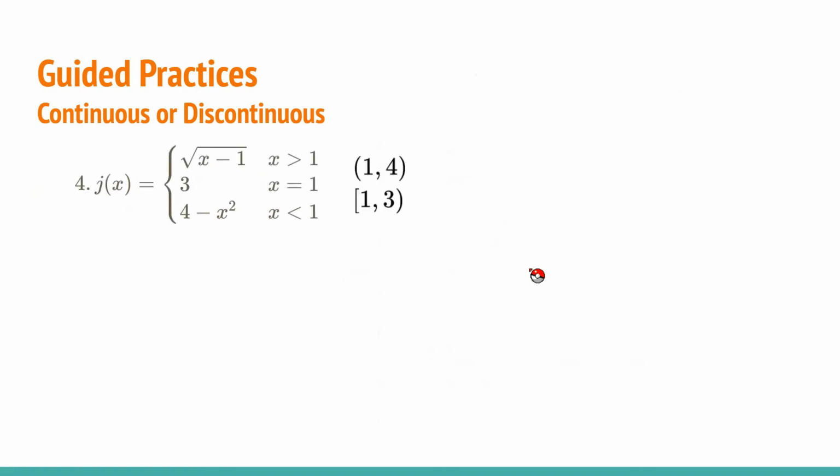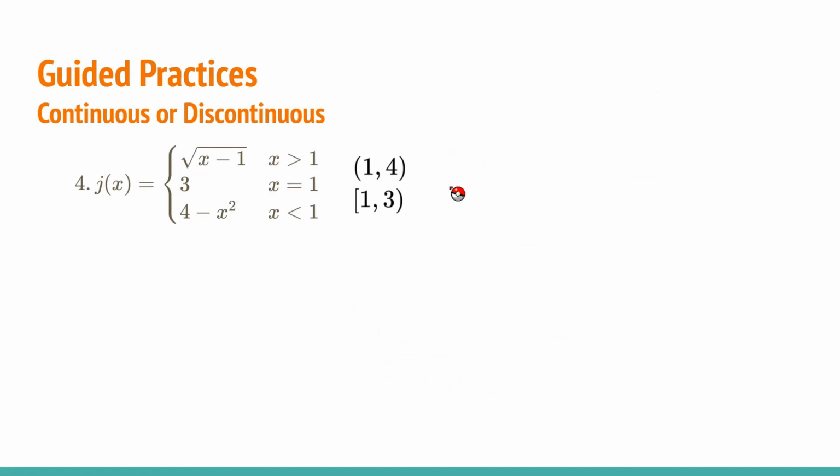Now, next, j of x equals the piecewise function square root of x minus 1 if x is greater than 1, 3 if x is equal to 1, 4 minus x squared if x is less than 1. And we'll try to find out if the function is continuous or discontinuous at these intervals.